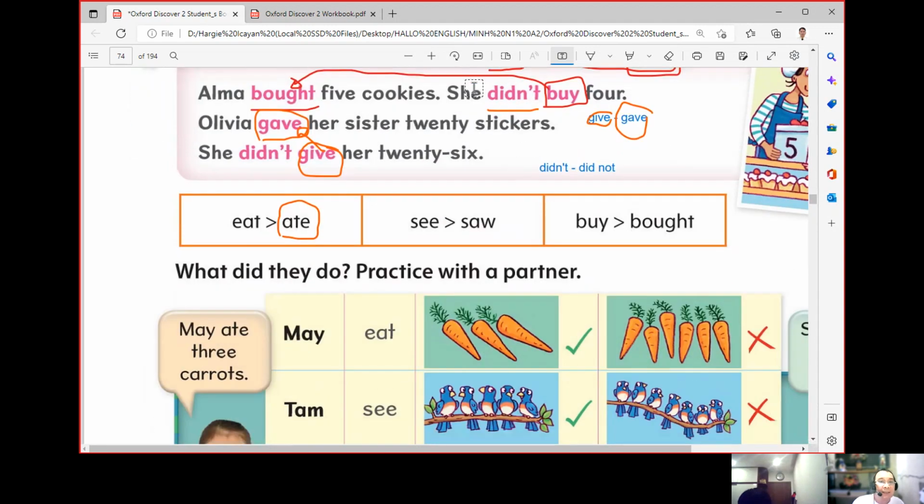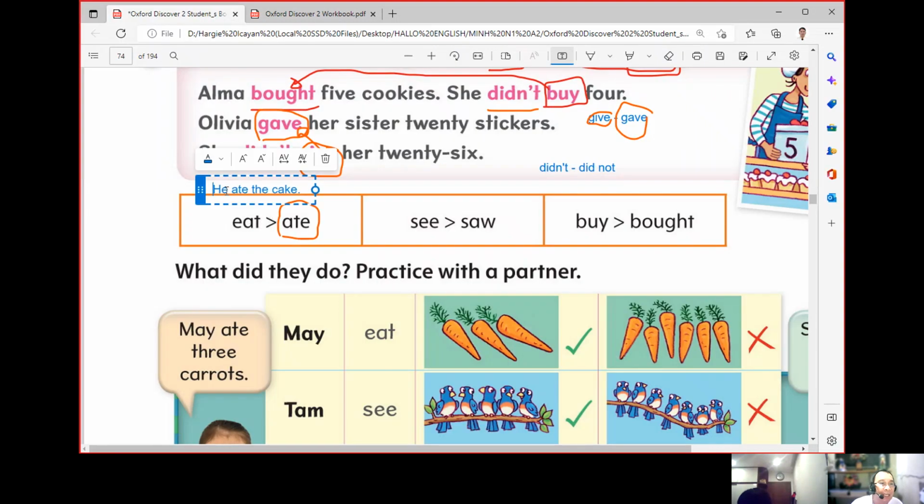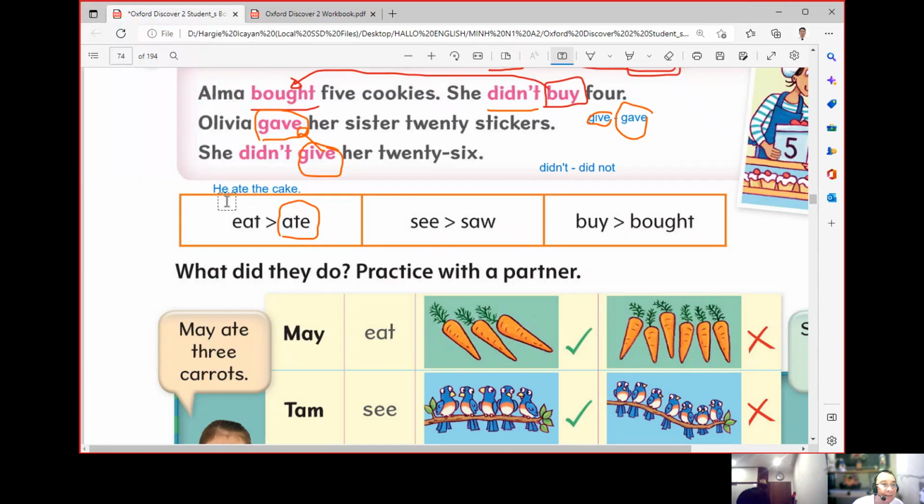So I am going to make an example regarding ate. Let's say, he ate the cake. Look at this simple sentence, Min. Can you read the sentence, please? He ate the cake. Again? He ate the cake.